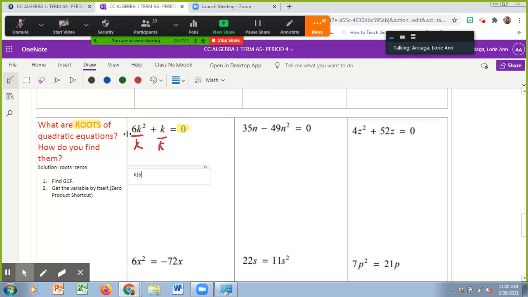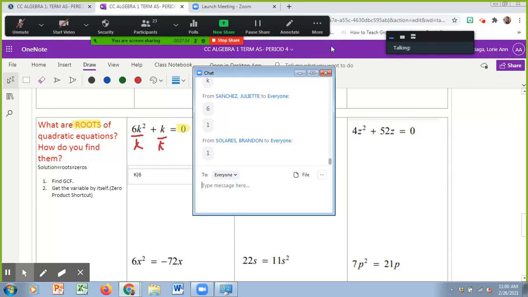You have K2 on top. There's 2 Ks, right? K squared. Now you're taking out 1K at the bottom because you're dividing. How much 1K is left? In the chat pod? 1. Very good. 1K.